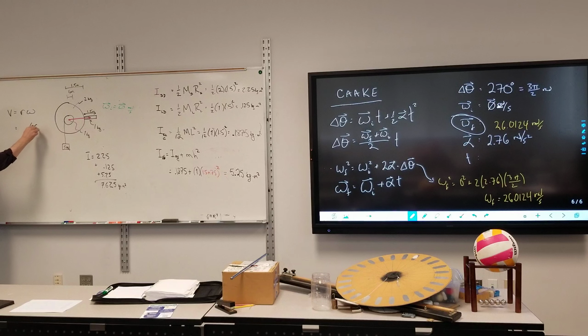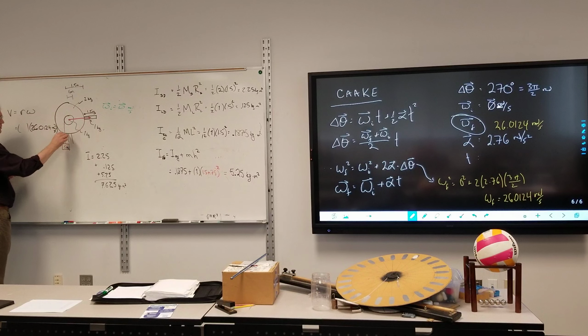That's 26.0124, if memory serves correctly. R is the distance, because this thing is now down here, the distance from the axis of rotation, so from here to here, which is the same distance it shifted, which is 2.25 meters.